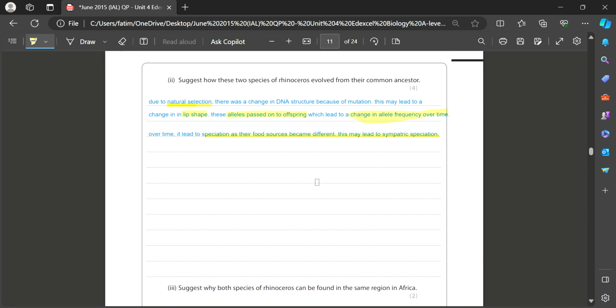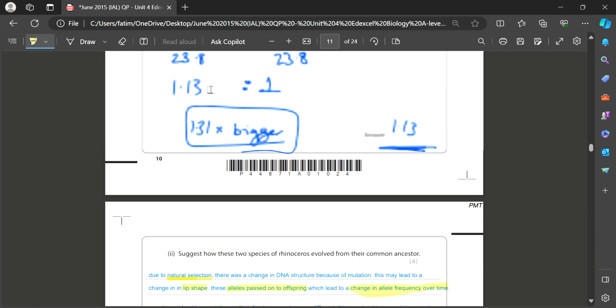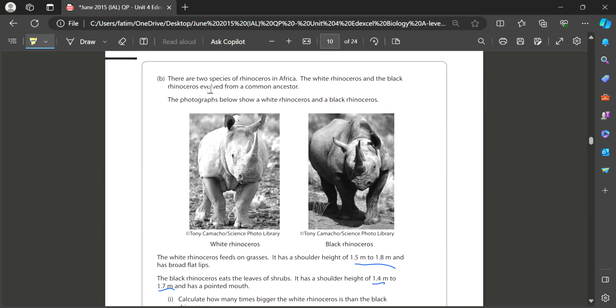So the thing to take into account is, if you read it, we're not taking up a lot of space, but we need to make sure we know what we're supposed to write, because we can fill it out with stuff that's irrelevant. And over here it suggests, we don't know for sure because they didn't give us enough information to tell why they became two species.